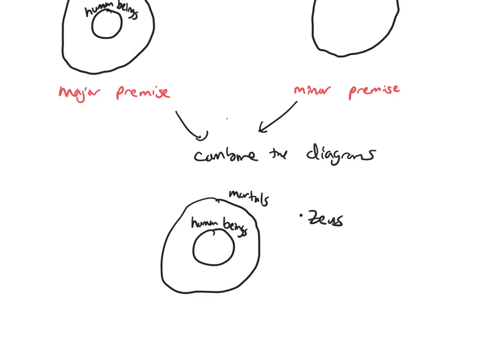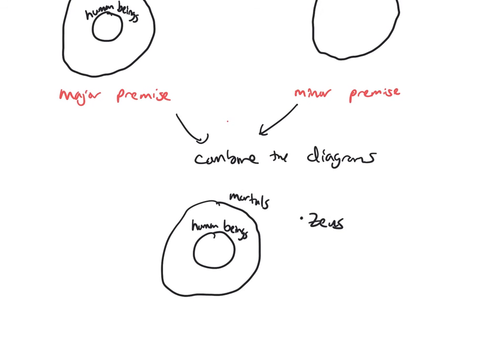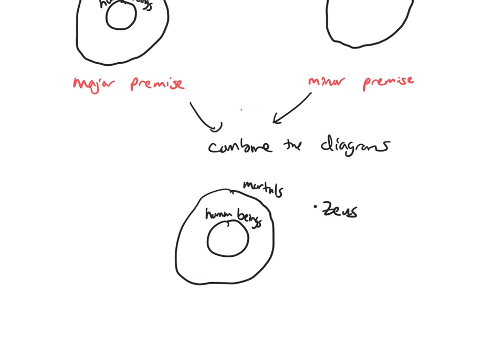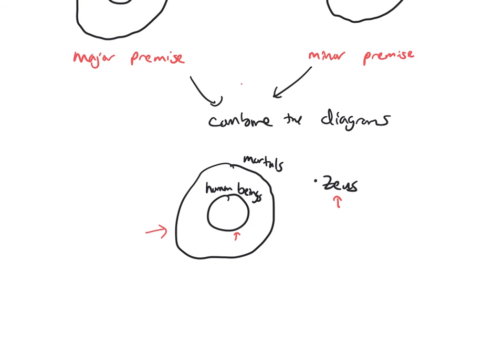So I've combined them into one, and now we're going to use this picture here to see if our conclusion is true. So the conclusion said Zeus is not a human. So if I look at this picture here, does this show that Zeus is not a human? Well, Zeus is outside of the human being circle. So Zeus is not a human. So from here I can conclude the argument is valid.